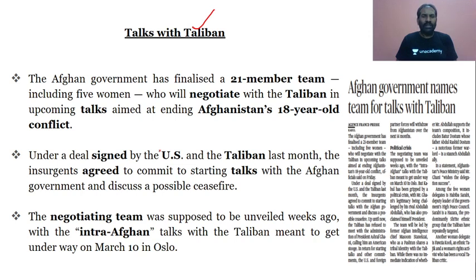But the opposition leader Abdullah has not recognized Ashraf Ghani as president, and Abdullah has come up with a parallel government called a rival administration. So this is what is happening in Afghanistan.